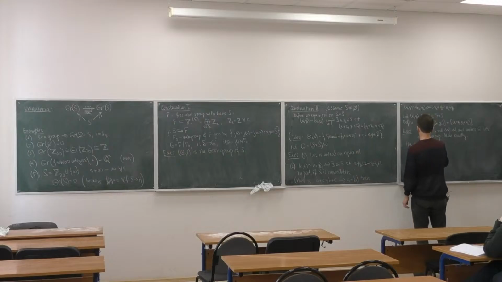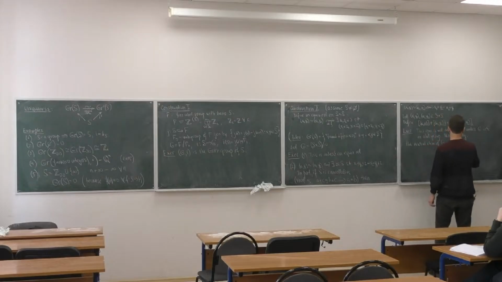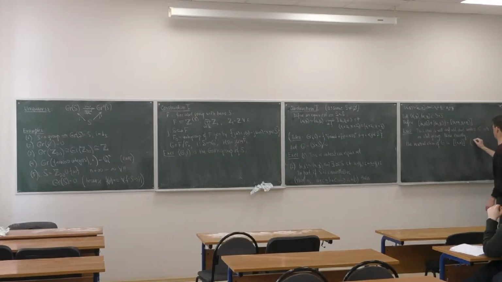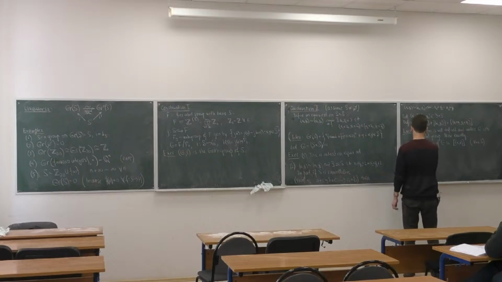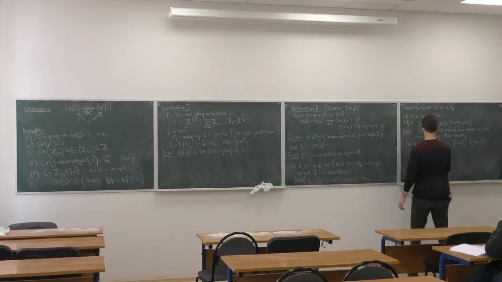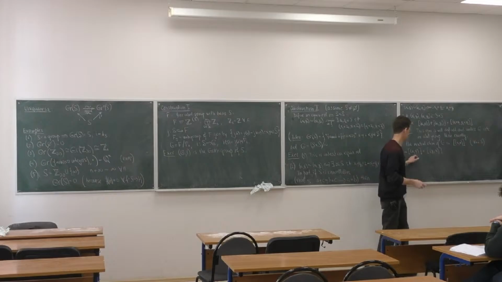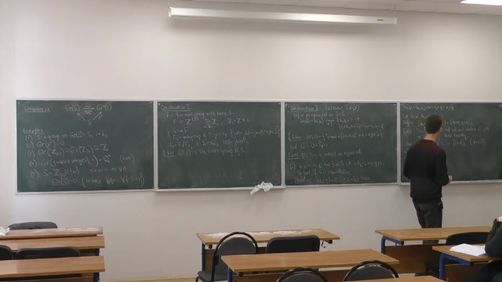The neutral element of G is the equivalence class of the pair (x, x) for any x in S. All such pairs are easily seen to be equivalent, and this is the neutral element of G. If I now take an arbitrary pair (x, y), then the inverse element, minus this pair, is the equivalence class of (y, x), because if we add these two pairs, then we get (x plus y, x plus y), which is the neutral element. So we obtain a group, an abelian group.